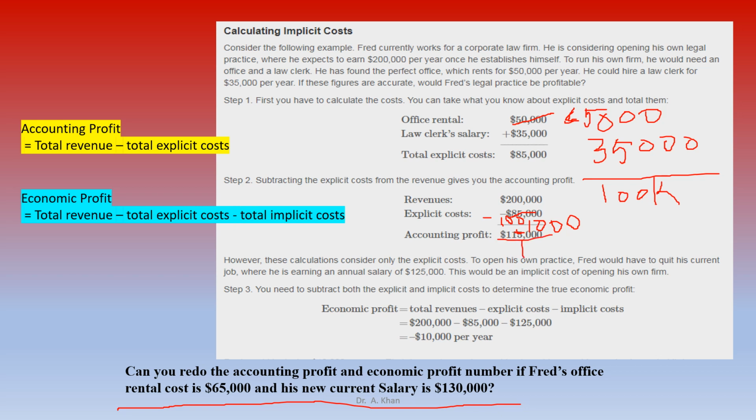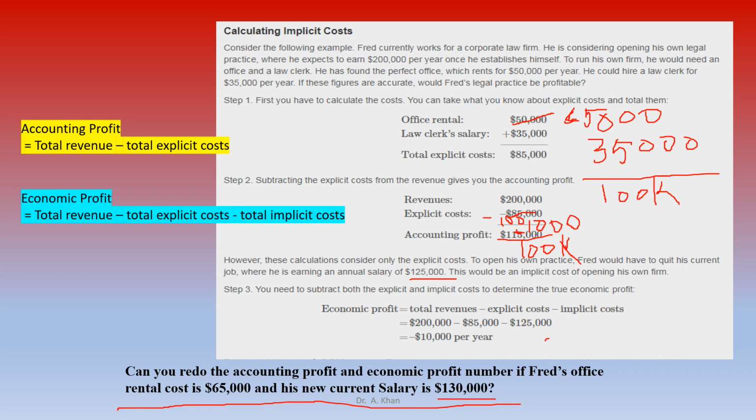And what will be his new economic profit? So we got his current salary, instead of 125,000, let's say his salary is now 130,000. So now you have to subtract 100K and 130K from 200K, right?